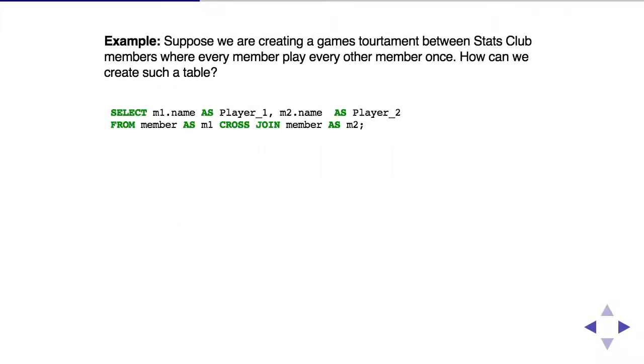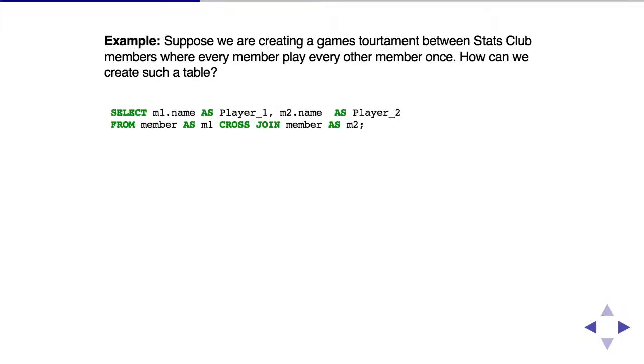So suppose we're creating a games tournament between Stat Club members, and we want every member to play each other member once. We can create this table by basically selecting name as player 1 and another name as player 2, where we're cross-joining our member table with member table.